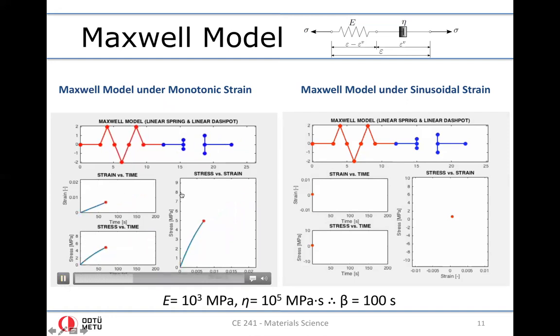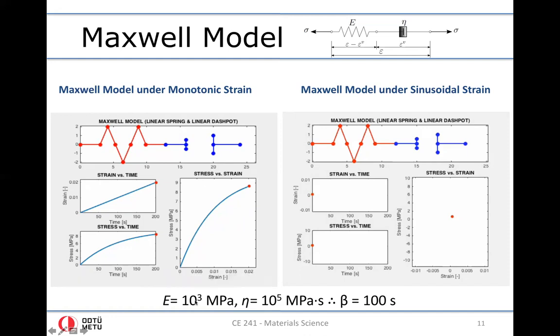So if you had only the spring in the model, your line would essentially go like this, okay? And since Young's modulus is equal to 1000 megapascals, at the value of the total strain, which is 0.02, your stress would assume the value of about 20 megapascals.